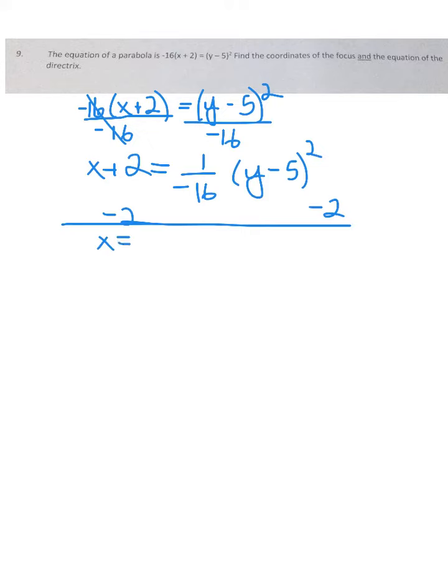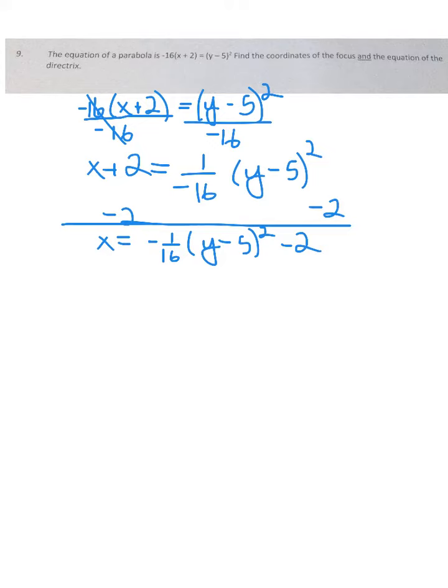So we have x equals -1 over 16, y minus 5, that quantity squared, minus 2. All right, so let's look at this. Because it's an x equals, we know that our parabola is going to open left or right. And because our 1 over 4p is negative, we're going to open to the left.